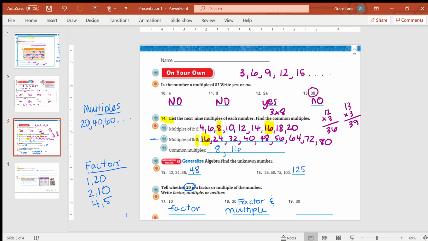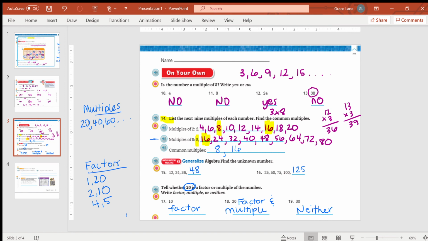Look in your list. Can 30 times something equal 20? No, so it's not a factor. And if you count by 20s, do you ever hit 30? No, so it is neither a factor or a multiple.